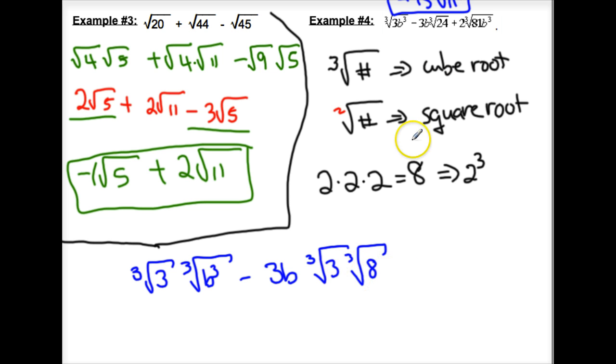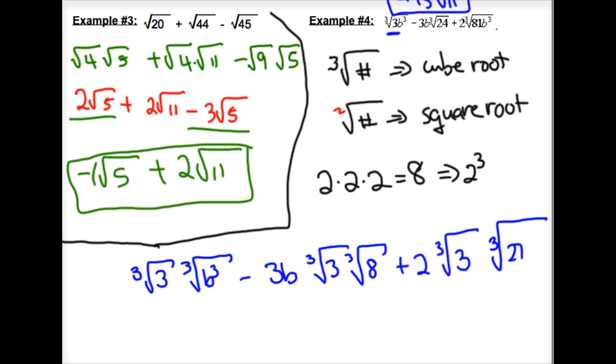So all I'm doing is breaking these down. Notice here is the 3, that's what I'm looking for. So I say 24 divided by 3 is 8, and I give it back my cube roots. Plus 2, I know it's going to be the cube root of 3, and then the cube root of 27.